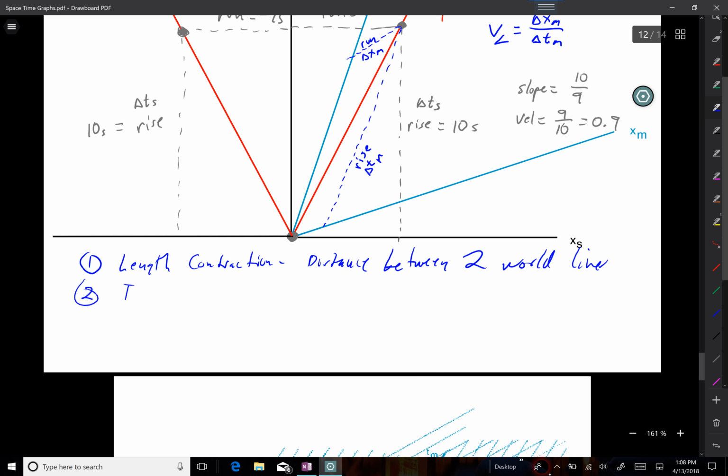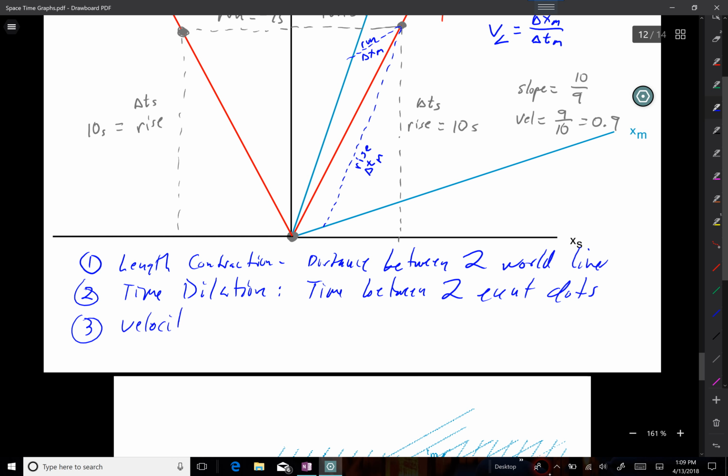You need to know how to do time dilation. This is the time between two event dots. And you need to know how to do velocity transforms.